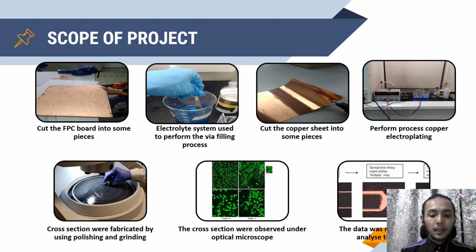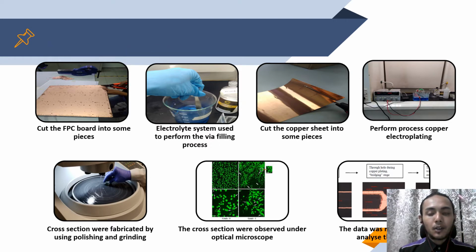Then, an electrolyte system consisting of sulfuric acid, copper sulfate pentahydrate, suppressor, brightener, and corrector was used to perform the copper electroplating process. The filling time was set and the current density was set. The FPC was set as a cathode and the copper sheet was set as an anode.